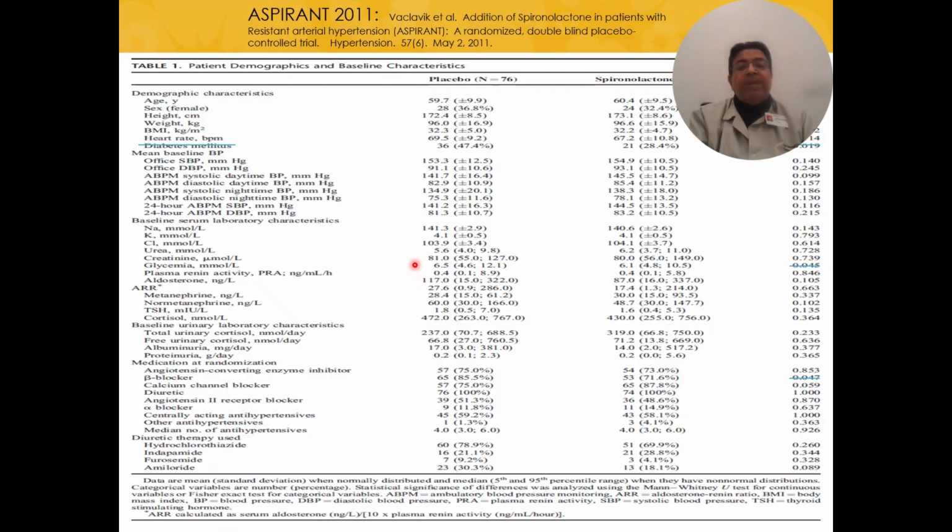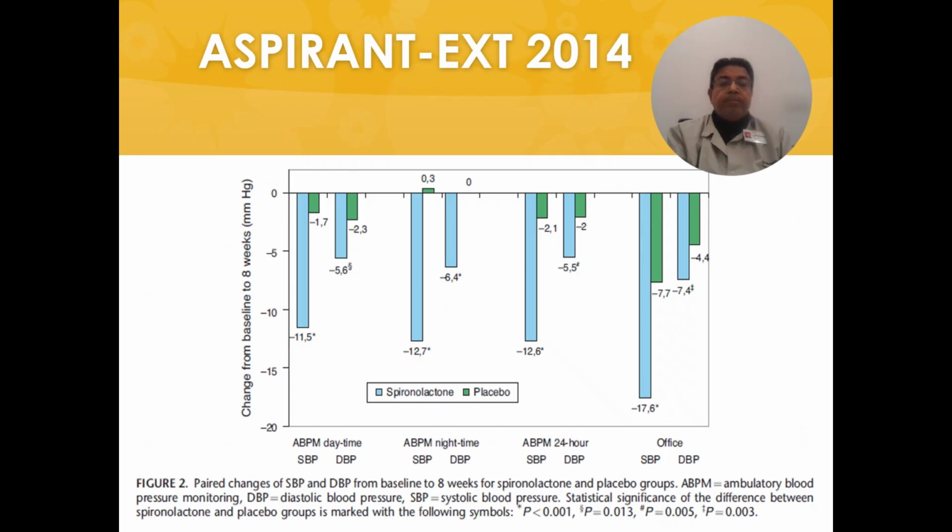As you can see, the plasma renin activity is 0.4 on average. Again, there was a marked reduction in blood pressure with the addition of spironolactone, whether it was ambulatory daytime, ambulatory nighttime, ambulatory 24-hour blood pressure monitoring, or in the office.